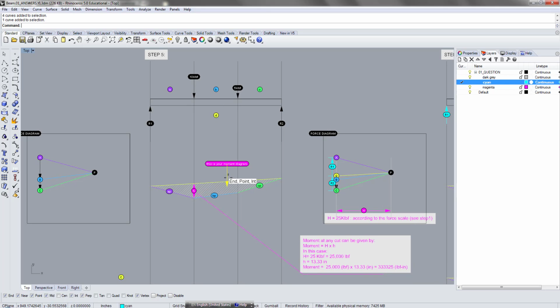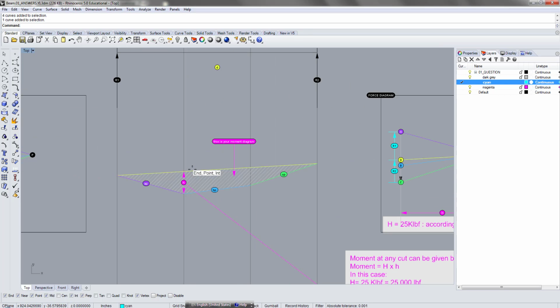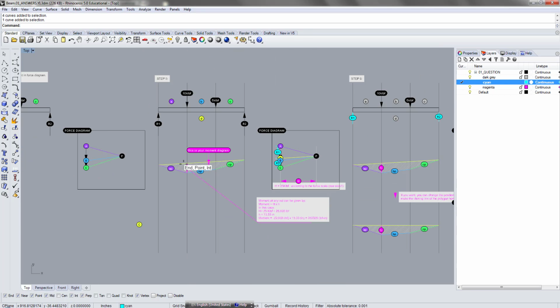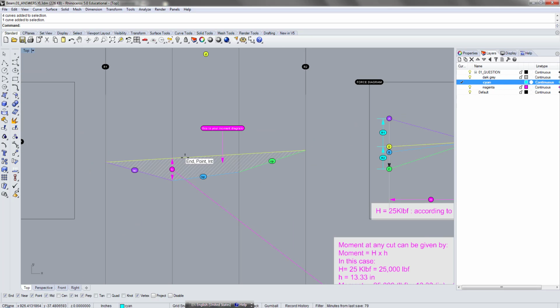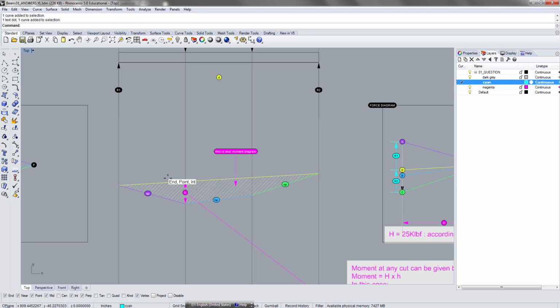But from here, we can calculate the maximum moment in the beam. Whatever this diagram, you always get this maximum height. If you cut a slice through the diagram, the height would be from here to here.